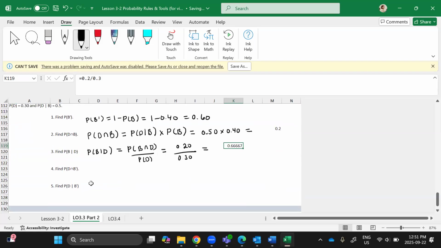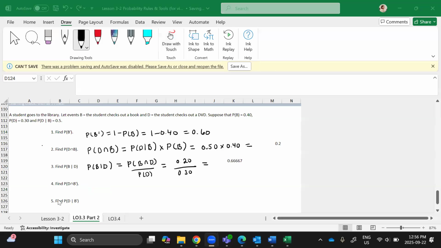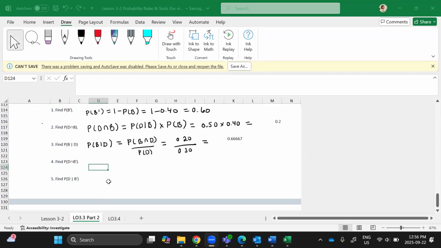Then we just reverse these to try the probabilities for not book. So probability of DVD and not book, and then probability of DVD given not a book. We'll do the probability of DVD and not book first. This one's a little bit tricky. We'll learn a strategy that can be used to solve this one better in the next sheet.